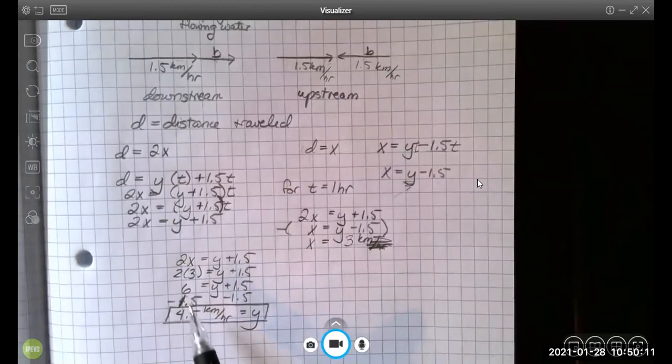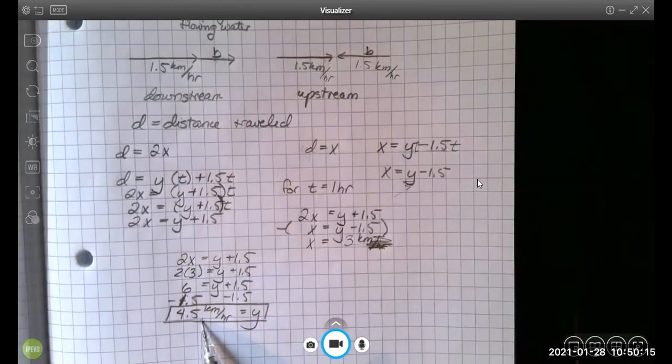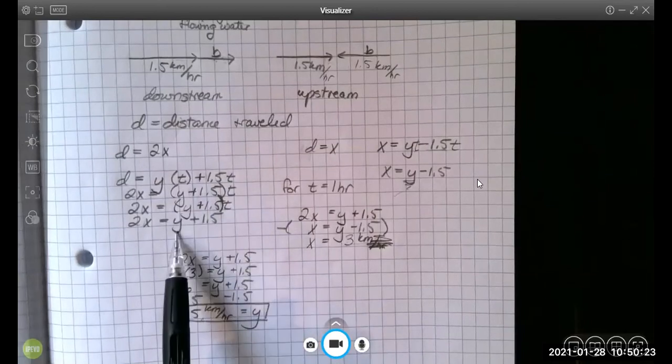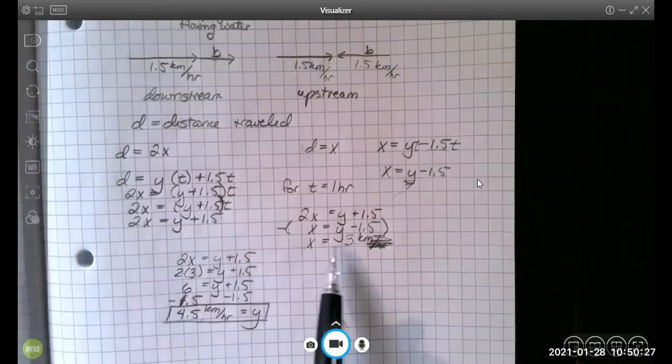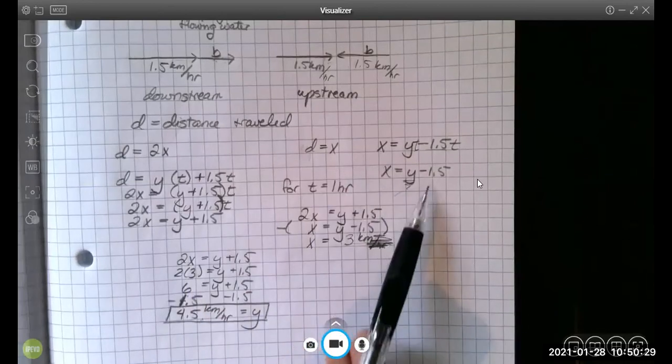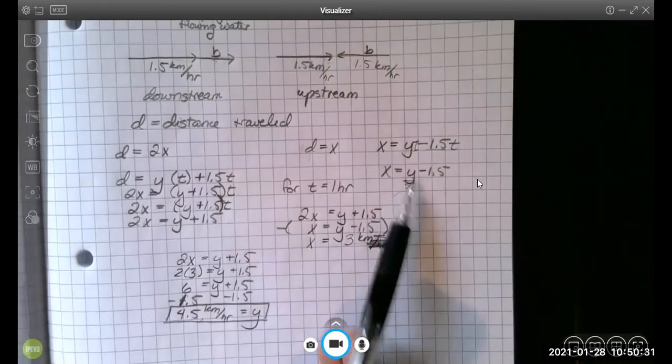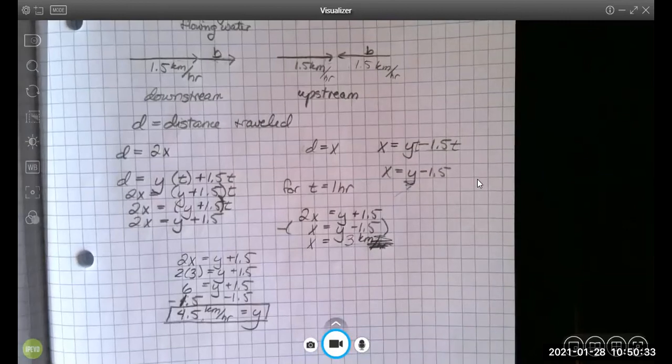So when the water is still, this is my speed. If the water is flowing, then this is the equation that describes the rate of the boat with the current. This is the rate of the boat against it. So you just got to take your time.